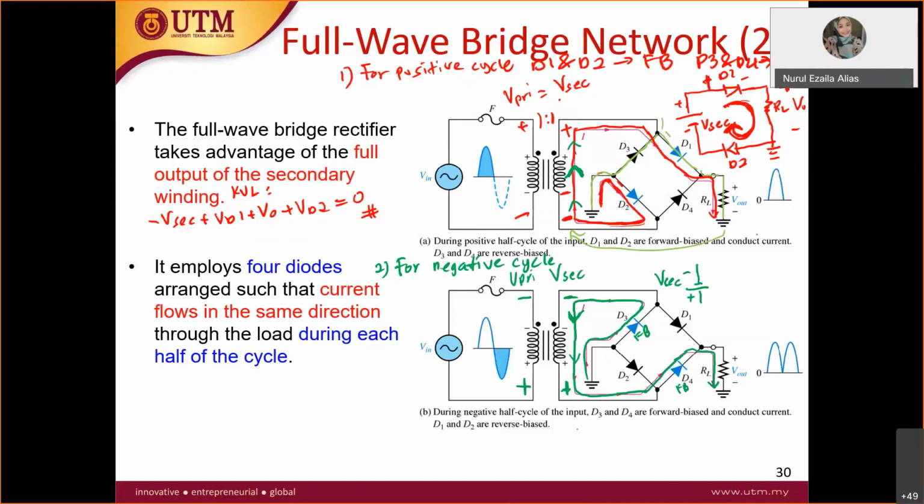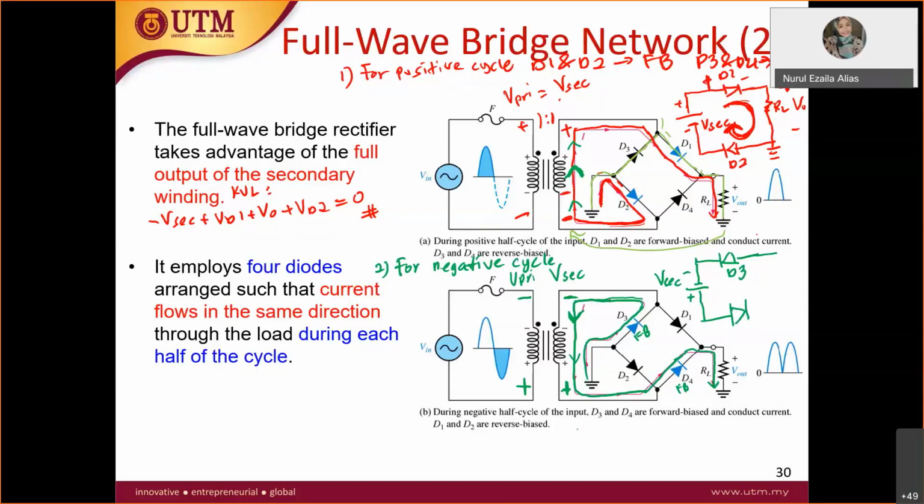Negative V secondary here is connected to negative D3. This is your D3, and then positive D3 goes somewhere here. Let's leave it hanging. Then plus V secondary goes to plus D4.